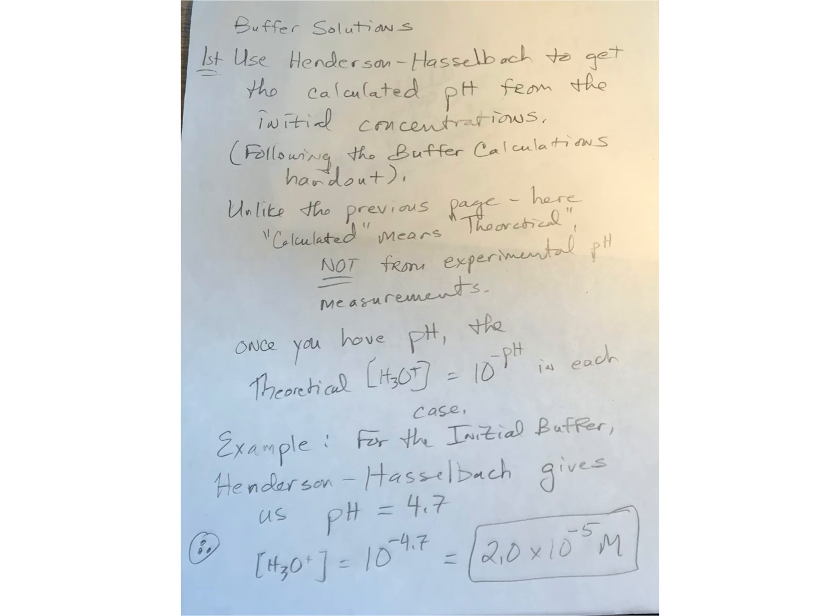For the initial buffer solution that we make in the lab, Henderson-Hasselbalch gives us pH equal 4.7. Again, that's right out of the buffer calculations handout and part 2 of the lab. I'm not going to go over that here. But I'm just going to say to get the theoretical H3O plus, what they mean is simply 10 to the minus calculated pH, calculated from Henderson-Hasselbalch. Both of these are theoretical, and that's what we come up with.